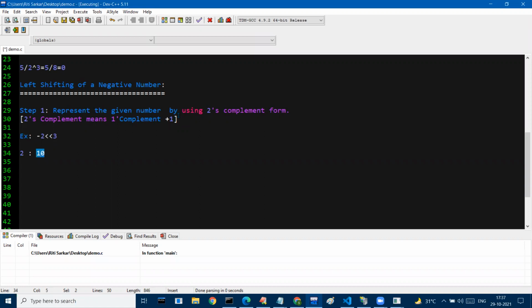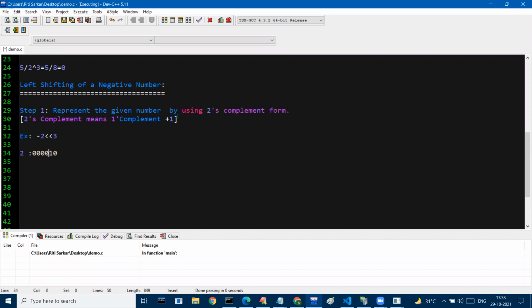But the problem here is that in most cases you will not get the correct answer if you represent it in 4 digits, 6 digits or 8 digits. As far as this particular compiler is concerned, it takes the integer size as 4 bytes. 4 bytes means how many bits? 32 bits.